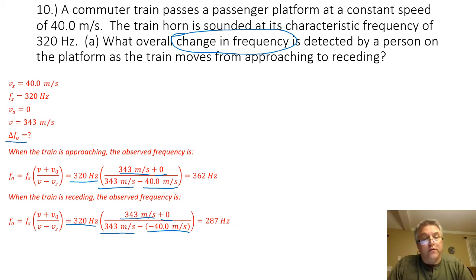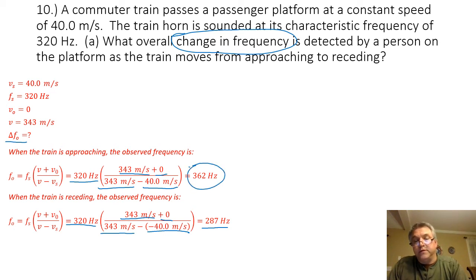So now we have 343 meters per second minus a negative 40 meters per second. And when that happens, we are going to have an observed frequency as the train is going away from the observer of 287 hertz.